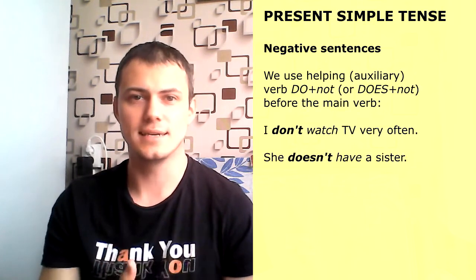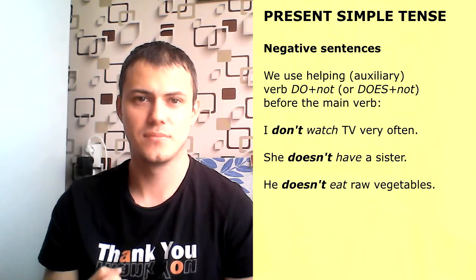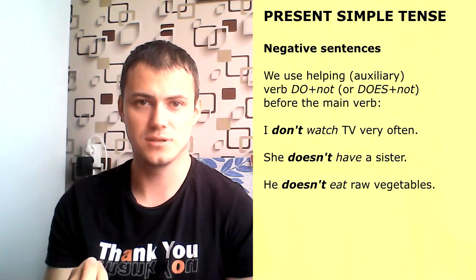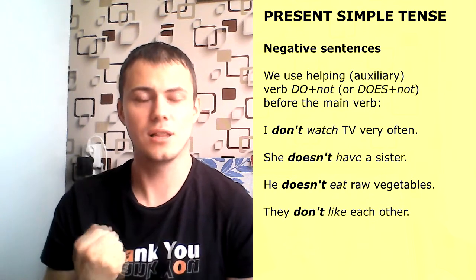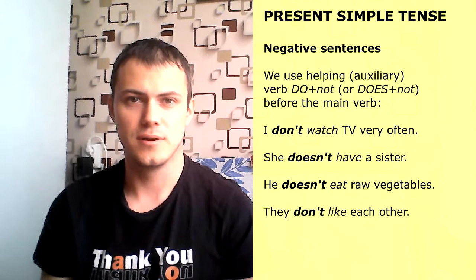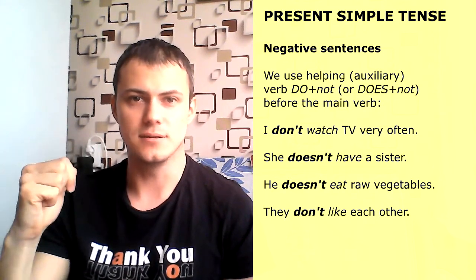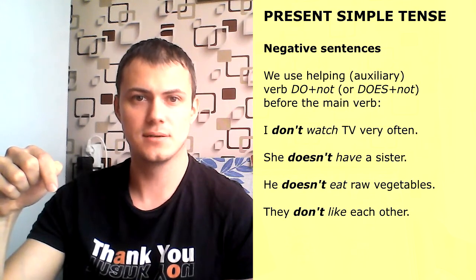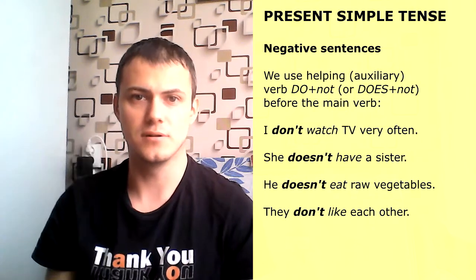She doesn't have a sister. He doesn't eat raw vegetables. They don't like each other. Please pay attention that the s ending moves from the main verb in the sentence to the auxiliary verb.